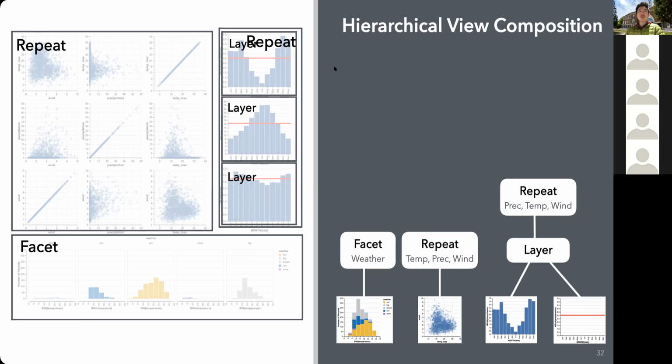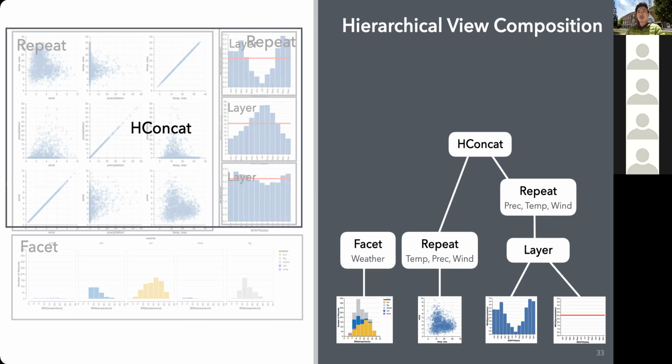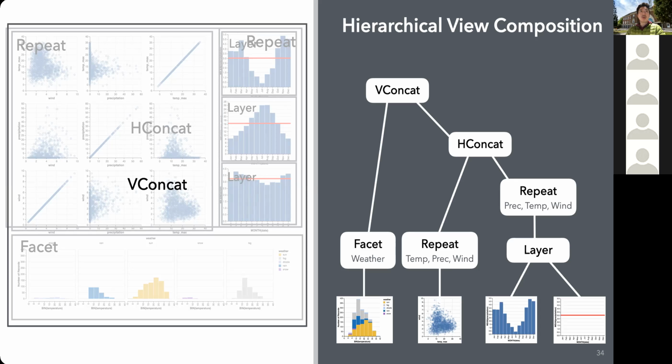And then you can combine these 2 together, which is this one and this one, using horizontal concatenate. So they put them next to each other horizontally. And finally, you put this one and the entire top part together using vertical concatenate, in the sense that one is put on top of the other.